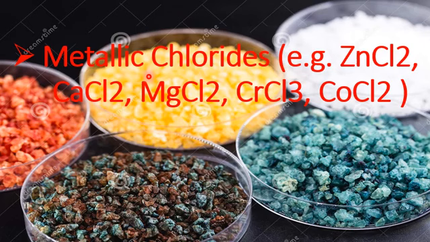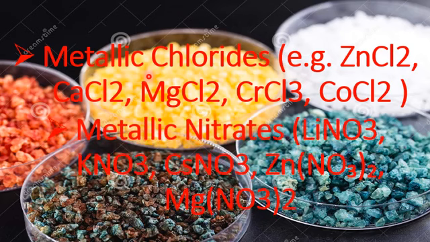Another type of metallic inorganic precursor used in sol gel process are metallic nitrates. Usually these are transition metallic nitrates. Some common examples of metallic nitrates used in sol gel process are lithium nitrate, potassium nitrate, cesium nitrate, zinc nitrate, magnesium nitrate, and many more.